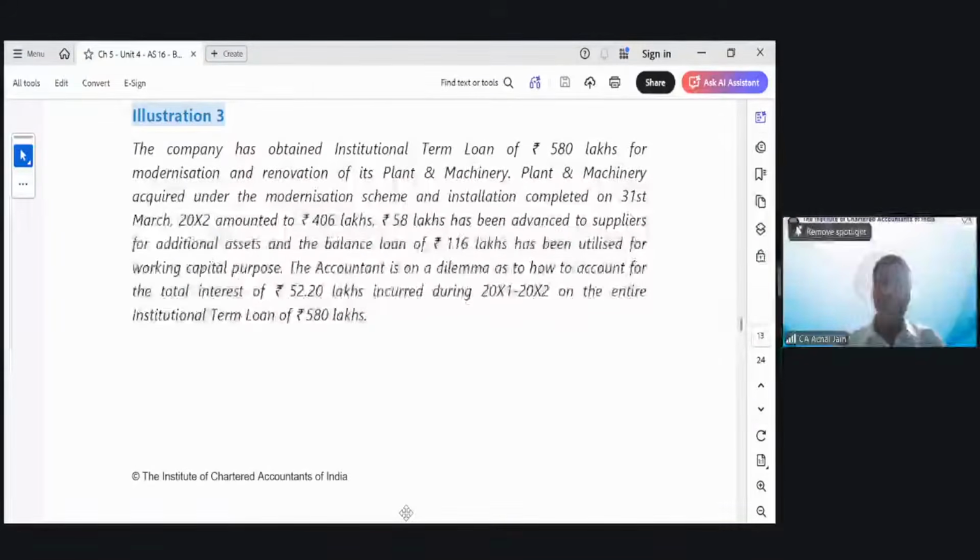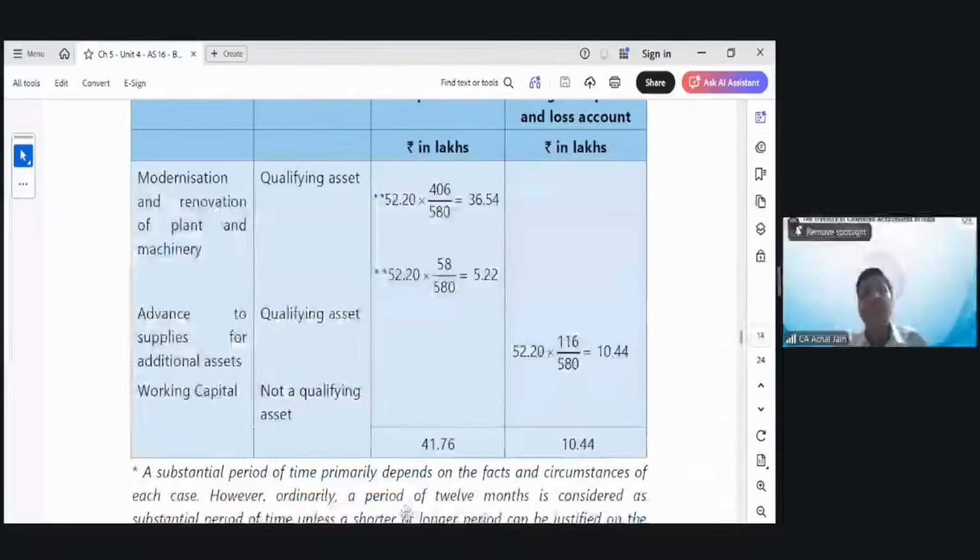So this amount pertains to non-qualifying asset. The remaining amount pertains to qualifying asset. Why? Because modernization and renovation of machine, and advances given to suppliers for additional assets, all of these are nothing but qualifying assets.